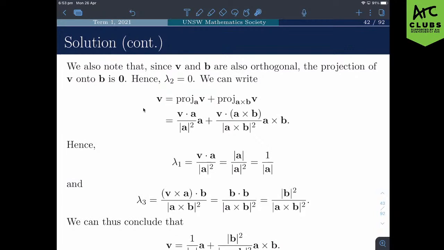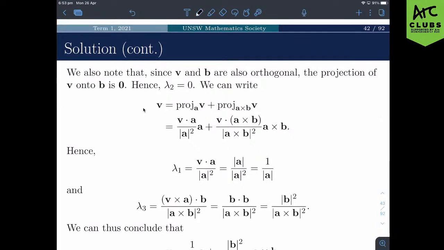So anyways, let's now write V as the projection of V on A plus the projection of V on A cross product B. I guess you could say plus the 0 vector, which is what the projection of V on B is. But now we can use our projection formula.